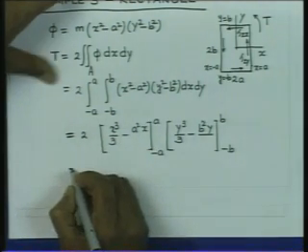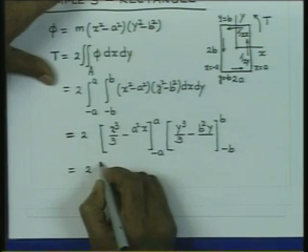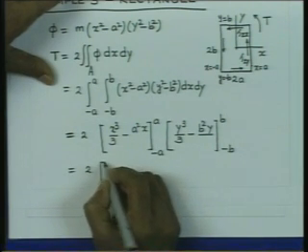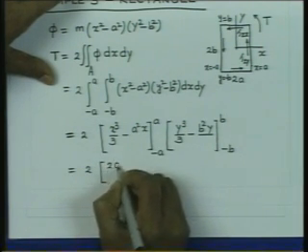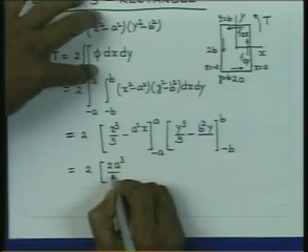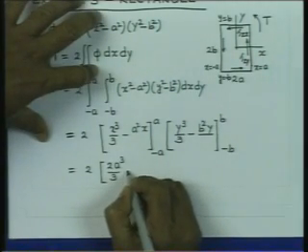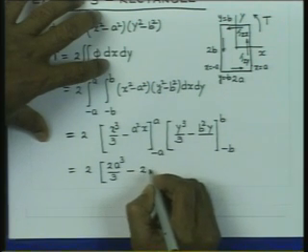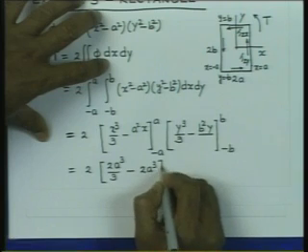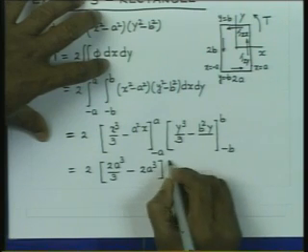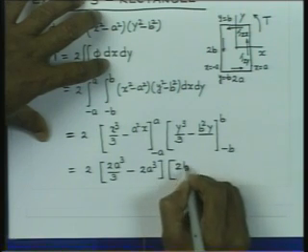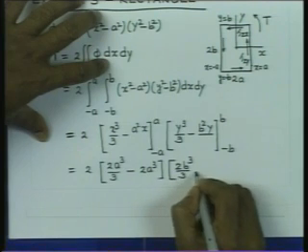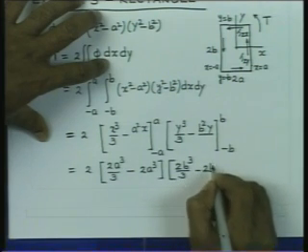So, that will give us a cube by 3 minus a cube, and 2b cube by 3 minus 2b cube.